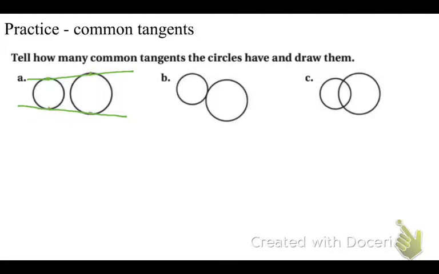So this has two. And here we have one. Sorry, my drawing isn't great. One there, and then just like on the last one, we have a tangent between them, so there's three lines of tangency, just like I talked about.